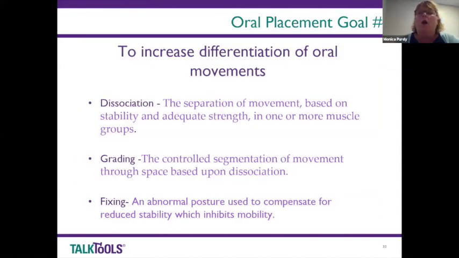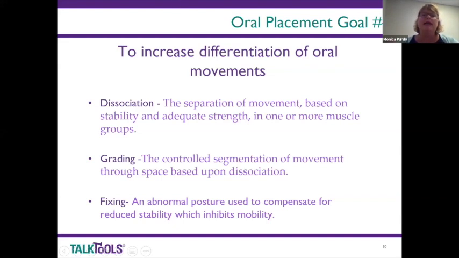Our next goal, goal number 4, is to increase the differentiation of oral movements. So what this means is we usually talk about 3 key terms. And the first key term is dissociation.